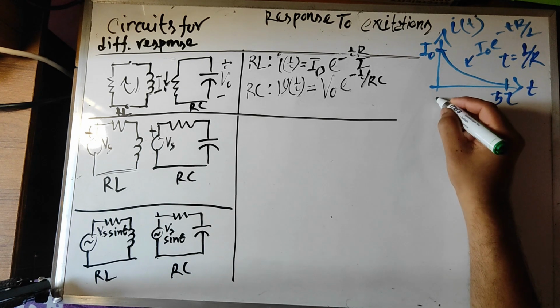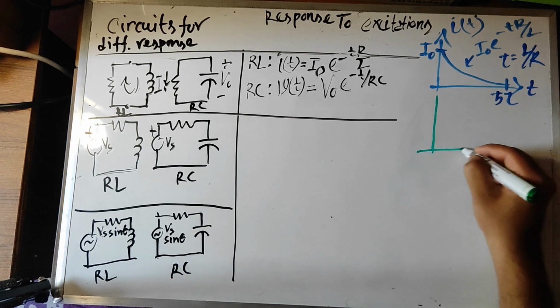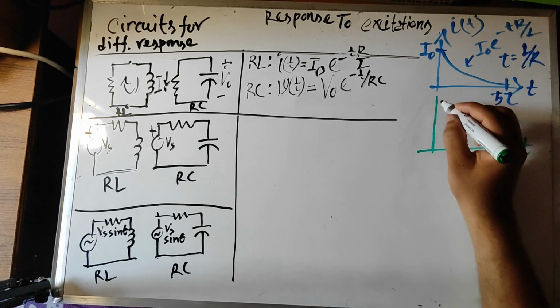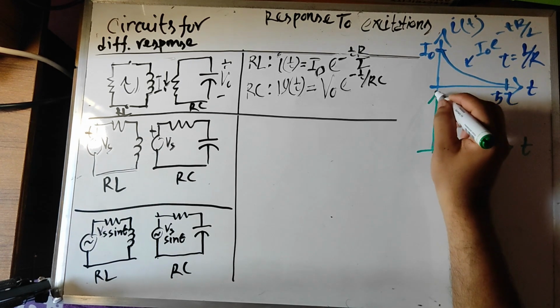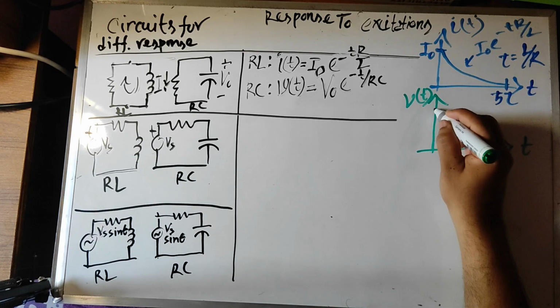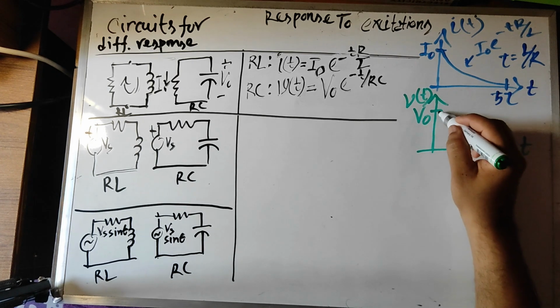So let me draw in green the response of the source free RC circuit. This is t, this is obviously v(t), the voltage. Say this is the initial voltage V0.